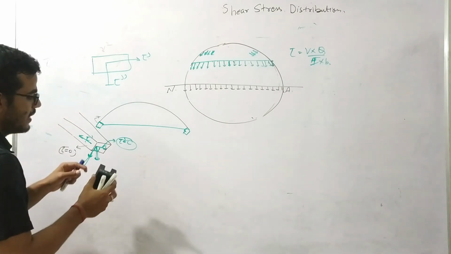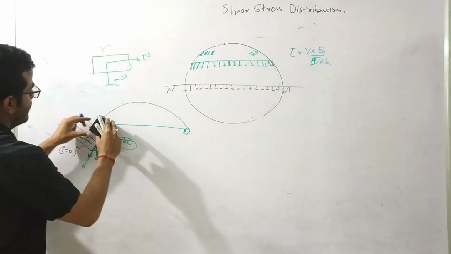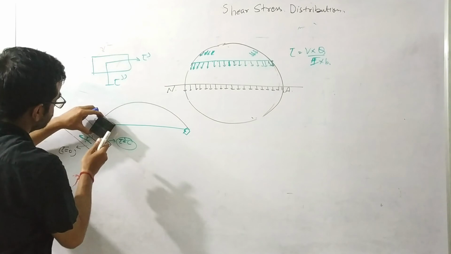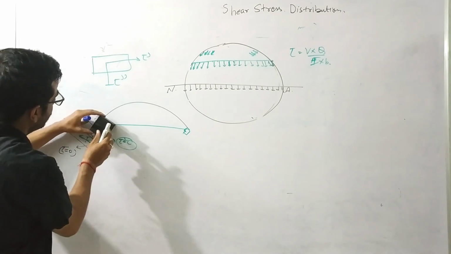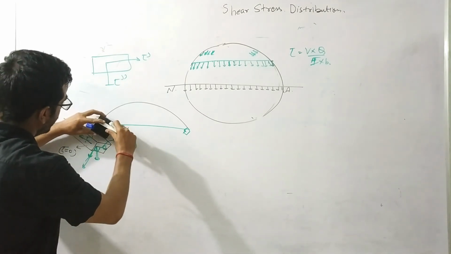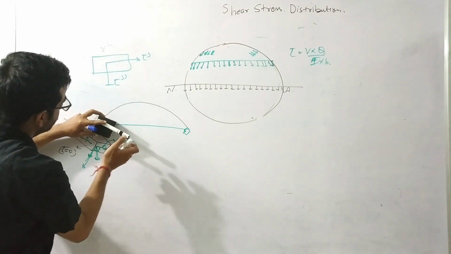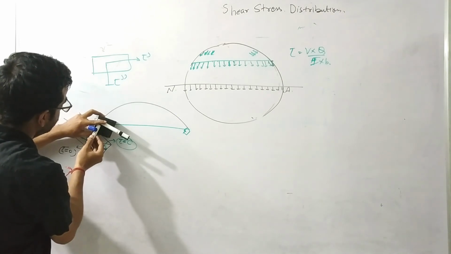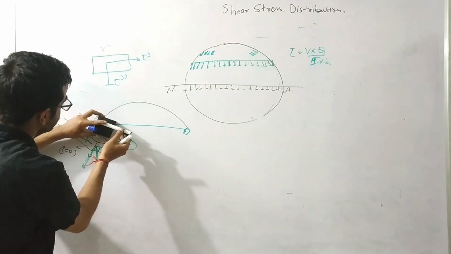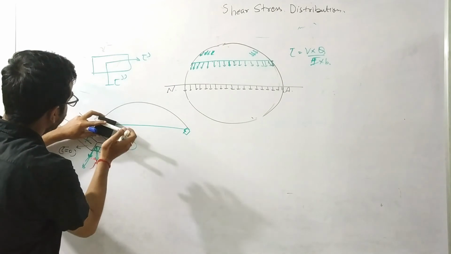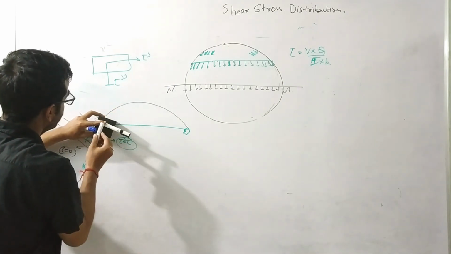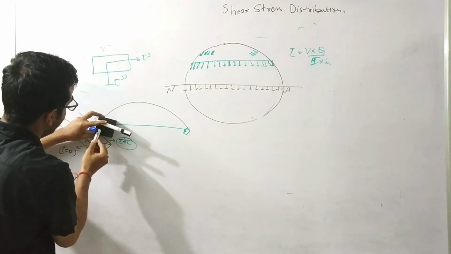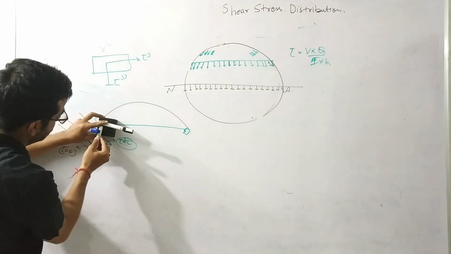Once again, if this is the element over here, this shear stress is 0. Why 0? Because the outer boundary will have 0 shear stress, and the complementary of this will also be 0. Now, if the complementary is 0, at this portion I'll be having some shear force, the perpendicular of this.